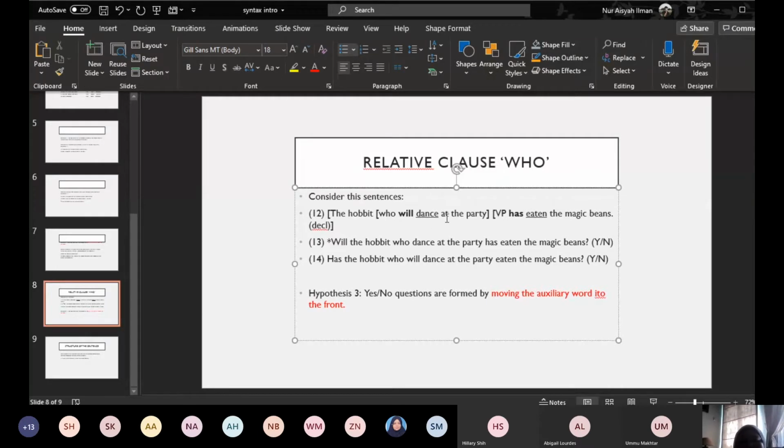As you can see, they are in different domains. The first will is in the embedded sentence. So this is a relative clause, but the relative clause is actually modifying the noun. So it is a complex noun phrase, a complex subject.